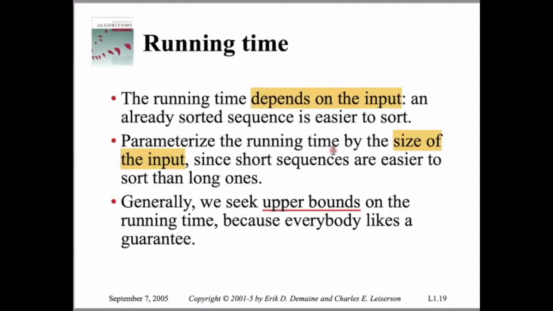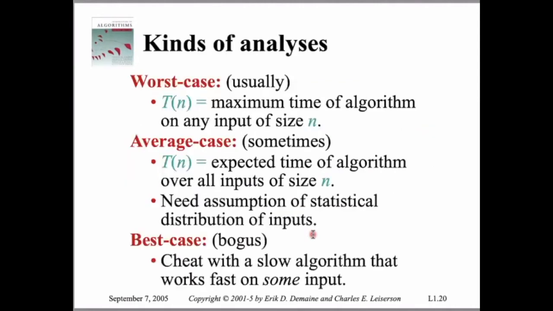So the running time is dependent on the size of the input. And then lastly, we seek yung upper bounds on the running time because everybody likes a guarantee. So what's yung upper bound dito is equivalent to getting the worst case. Gaano ba katagal pwedeng magtagal yung running time ng algorithm given any generic input size n.